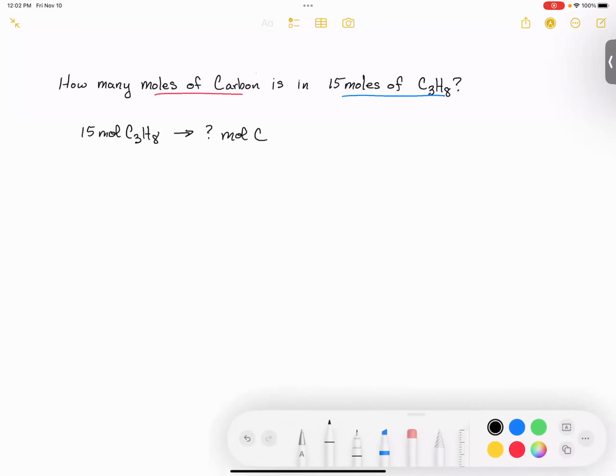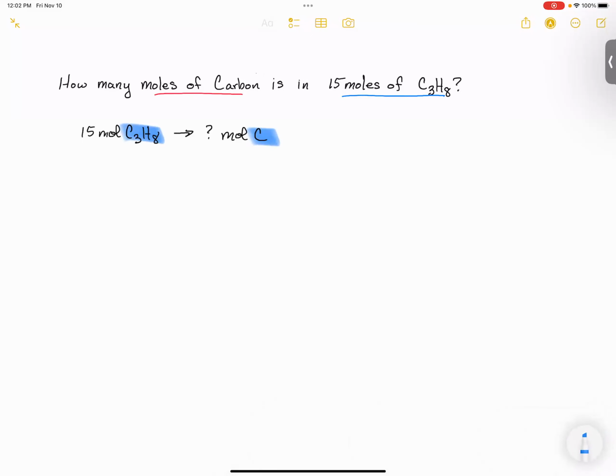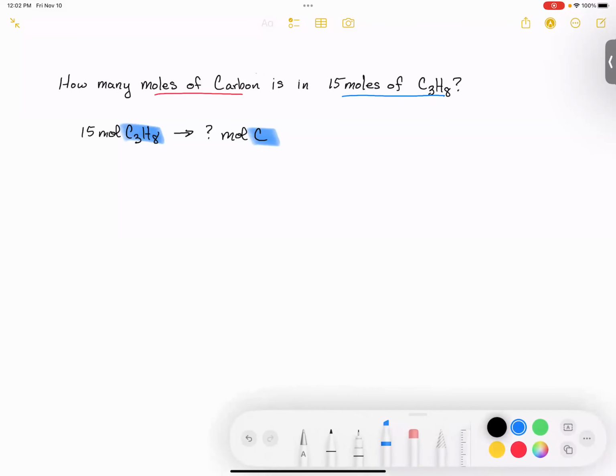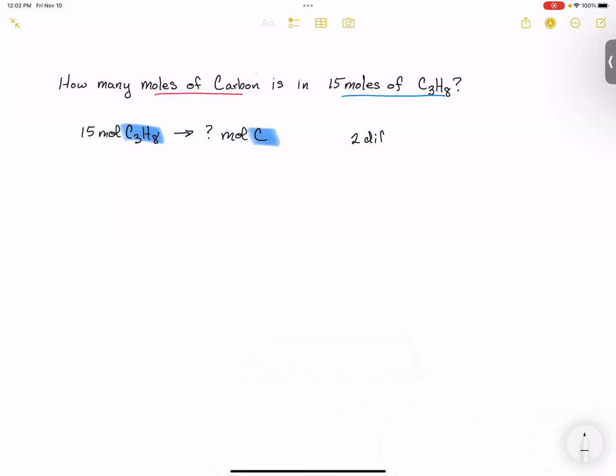The first thing I notice about this is that I am dealing with two different substances. Two different substances means I need a mole to mole ratio, which will come from the formula.